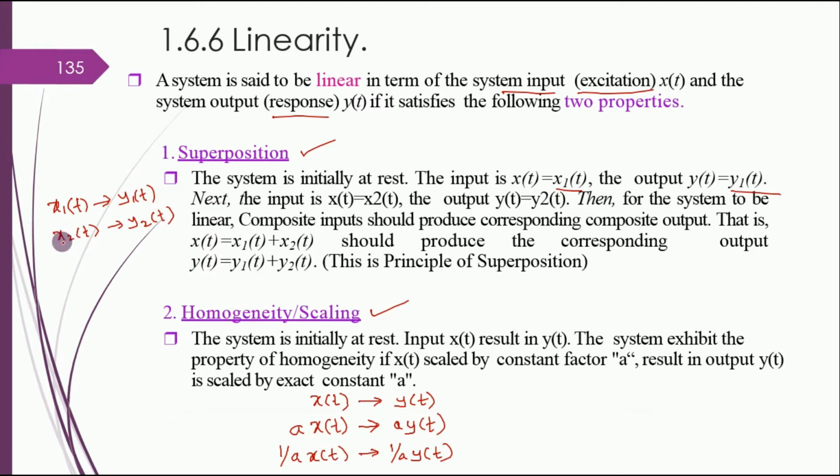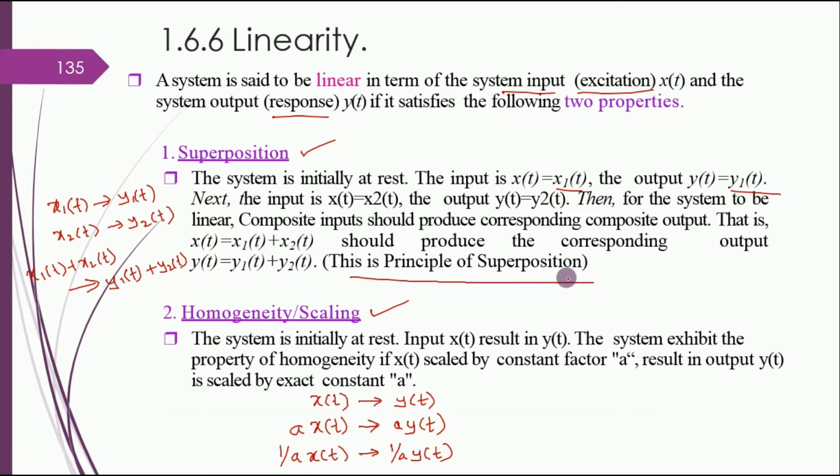When I apply the composite input, composite meaning x1 of t plus x2 of t, I should get y1 of t plus y2 of t. So x1 of t plus x2 of t should produce the corresponding output y1 of t plus y2 of t. This is called the principle of superposition.